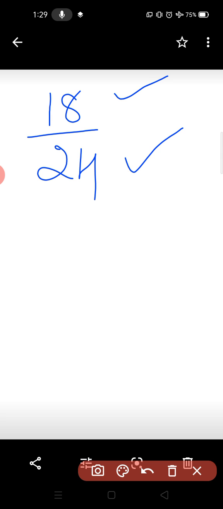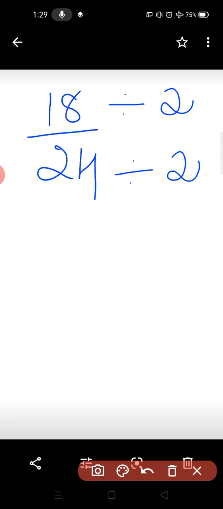Now I am taking the number 2. 2 is common in both 18 and 24. So divide both the numerator and denominator by the same number. I am going to divide by 2.